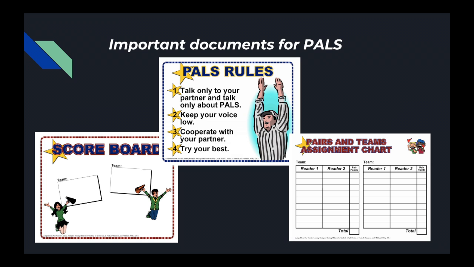So you would speak to students as you introduce and model the PAL activities, in consideration of certain rules, such as the 4 listed here. And again, the assignment charts, so students can see who they are working with and do not forget.